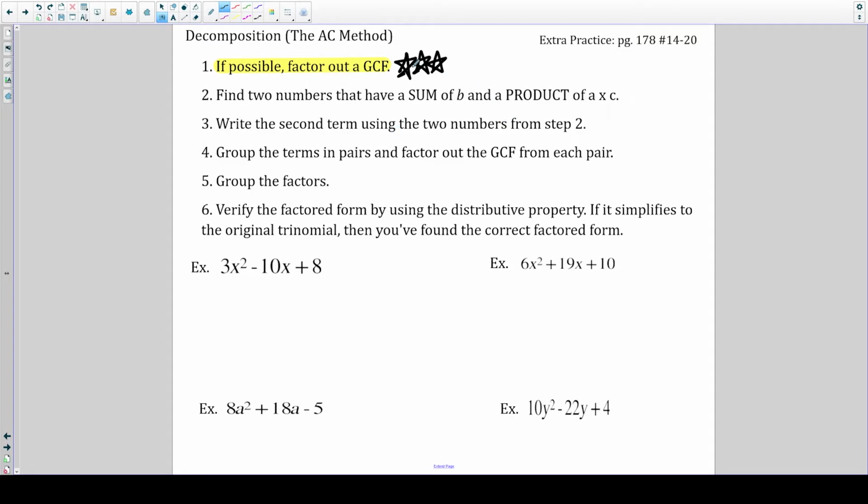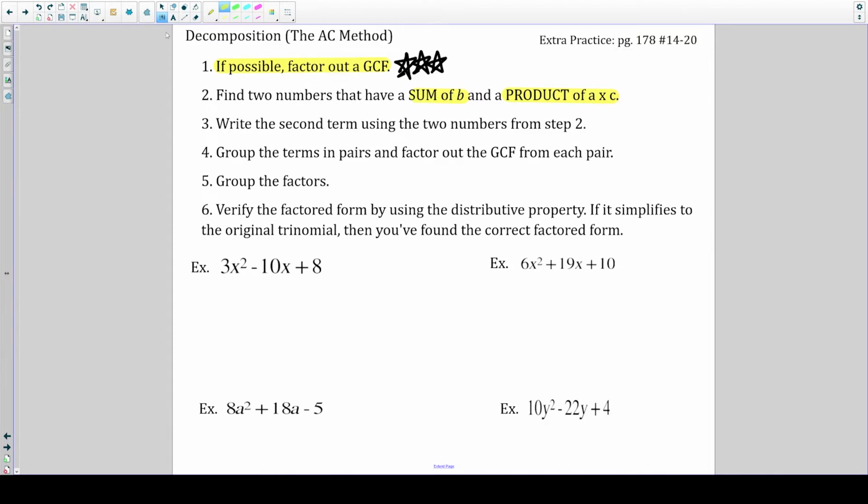Next, we're going to find 2 numbers that have a sum of b and a product of a times c. We're going to review that as we work through these steps, but I'm just highlighting some of the main portions here. Then we write the second term using the 2 numbers from step 2, group the terms, factor out the GCF from each pair, group the factors, and then we can verify our answer afterwards.